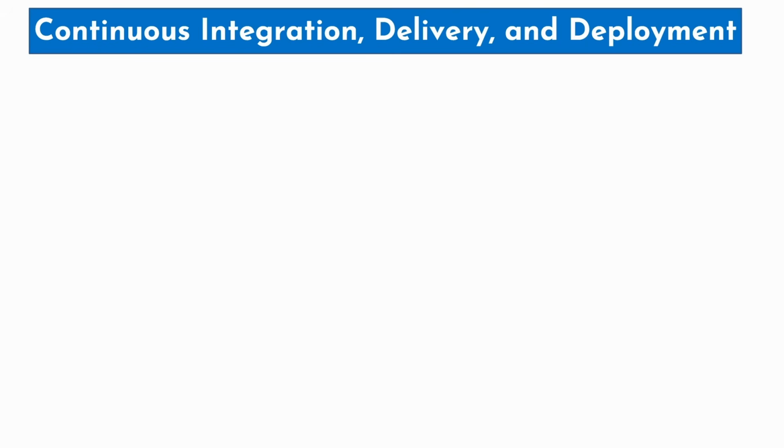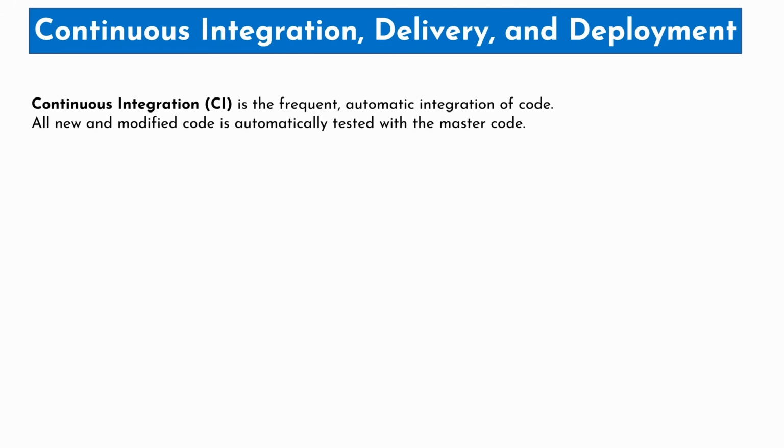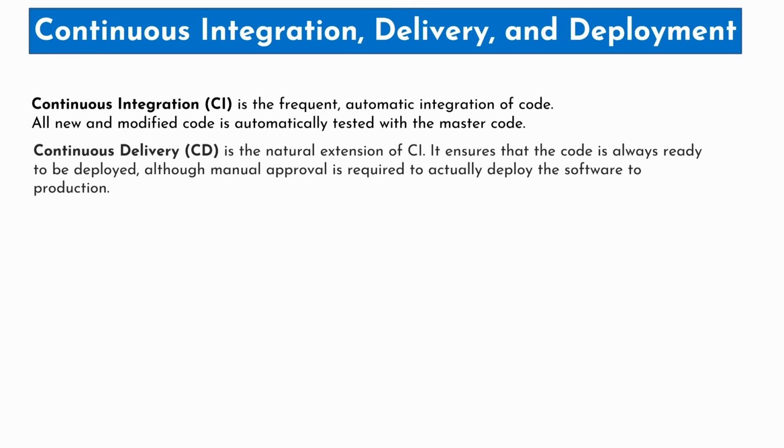Let's have a look at the difference between CI, continuous delivery, and continuous deployment. CI is frequent and automatic integration of code. All the new and modified code is automatically tested with the master code. Continuous delivery is an extension of CI. It ensures that code is always ready to be deployed, although manual approval is required to actually deploy the software to production.